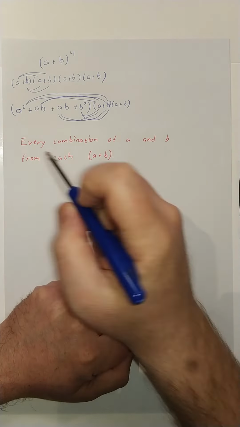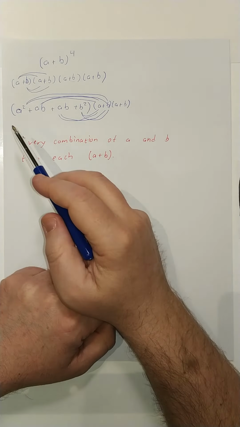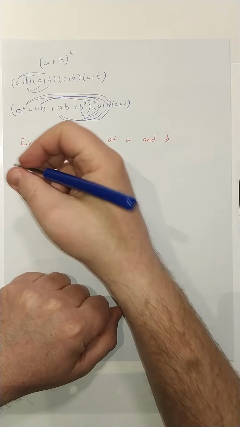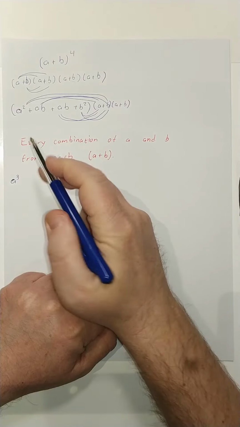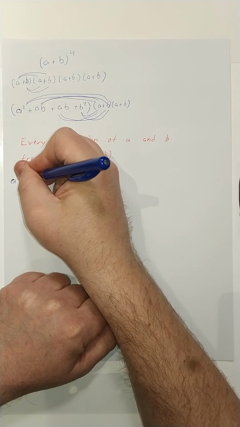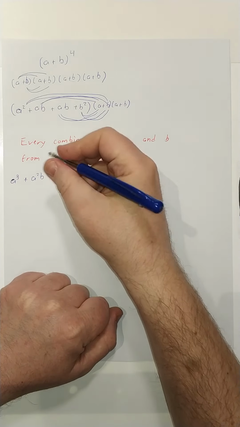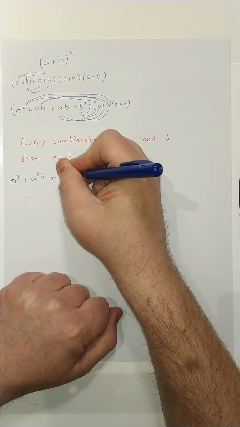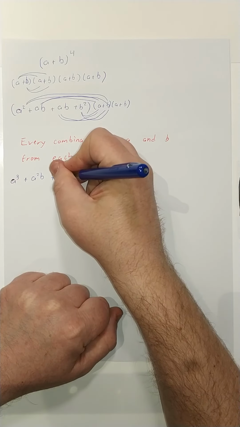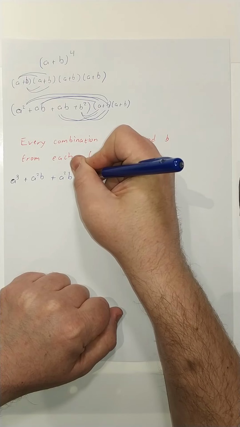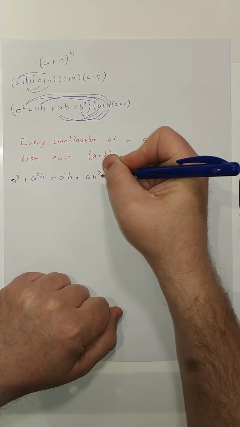So let's rewrite this, and we're going to see a pattern emerging. So a squared times a, that's a cubed. A squared times b is a squared b. ab times a, so it's a squared b, plus ab times b, ab squared.